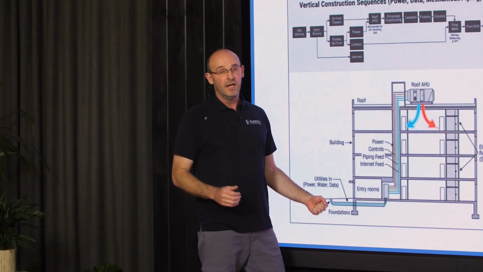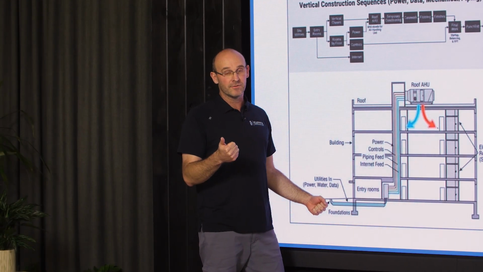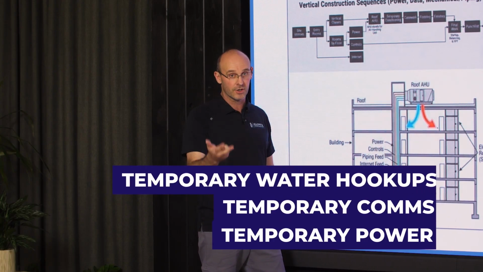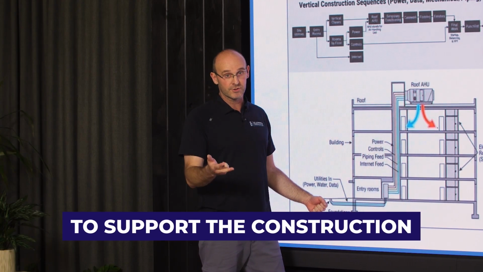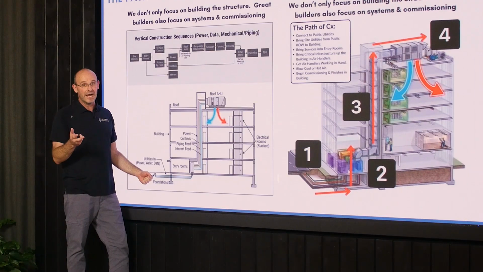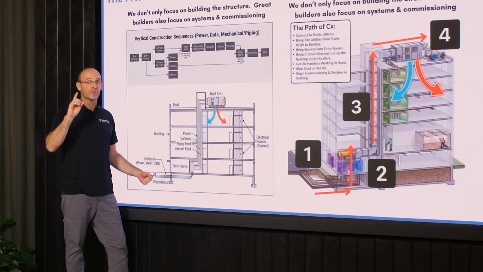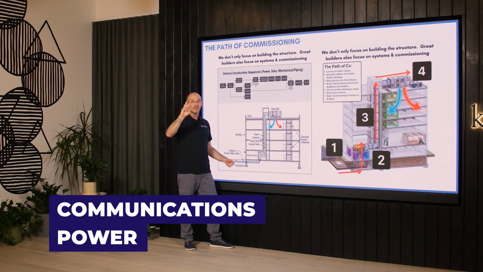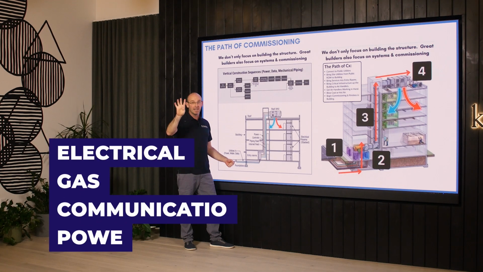As a builder, you're really wanting to identify your temporary power, temporary comms, and temporary water hookups to support the construction. After that, you're really going to want to find out how we're feeding the project with power, communications, gas if you have it, electrical.